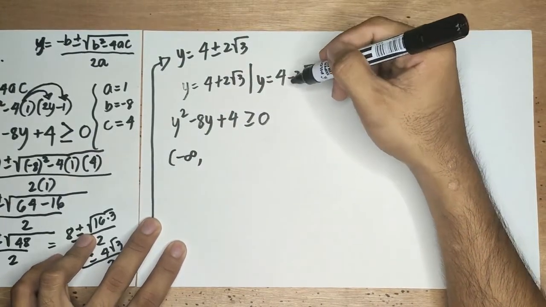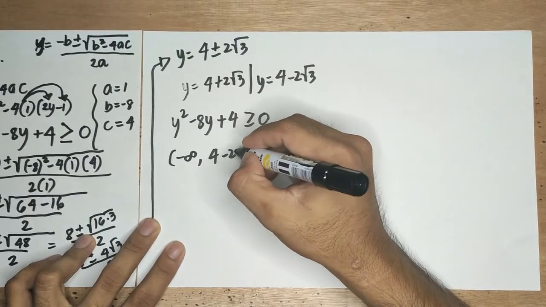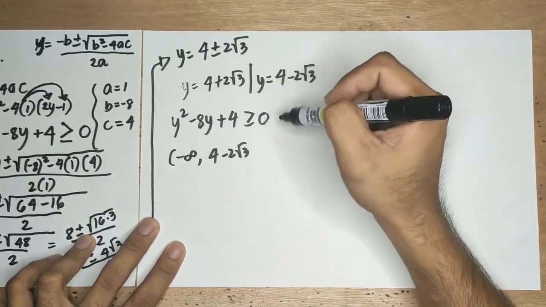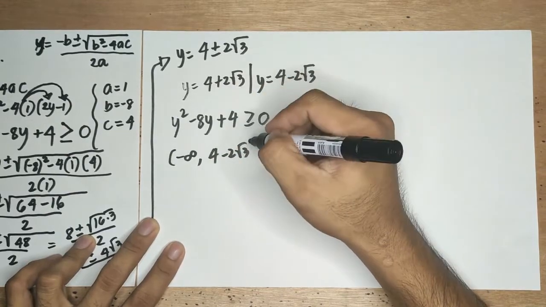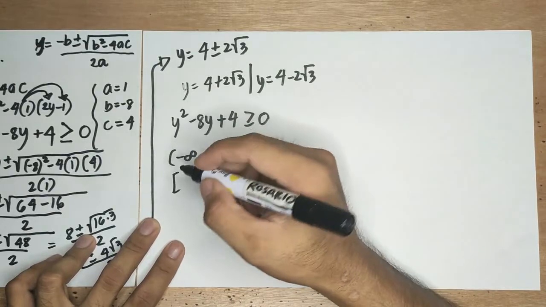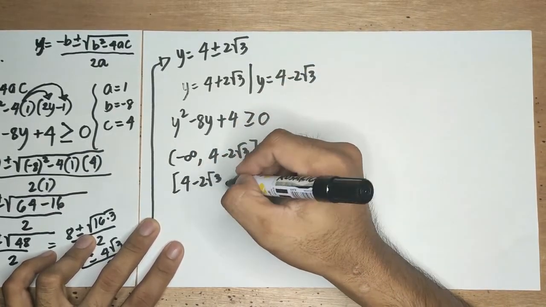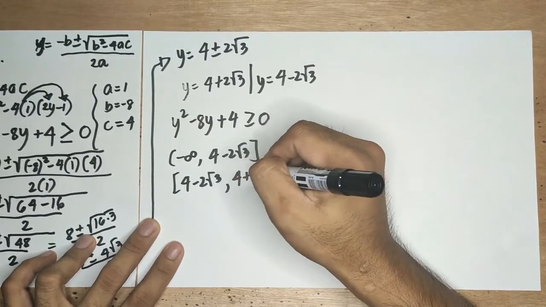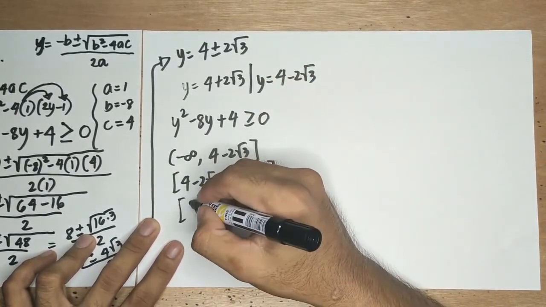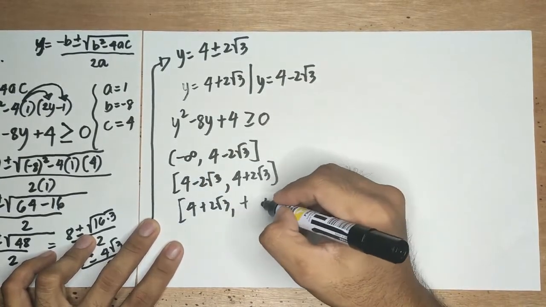The smallest here is obviously 4 minus 2 square root of 3, since meron siyang or equal to, and then we are dealing with quadratic inequality. Yan, square bracket. Second one is 4 minus 2 square root of 3 and 4 plus 2 square root of 3. Then lastly, 4 plus 2 square root of 3 and positive infinity.